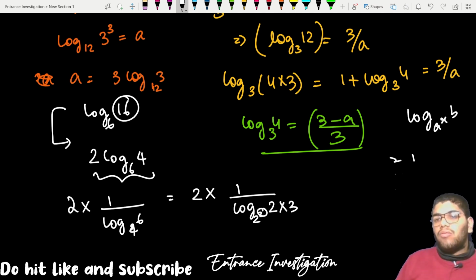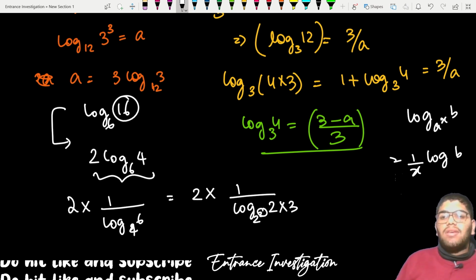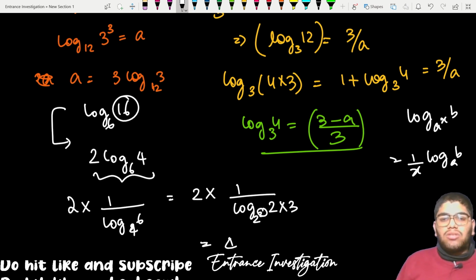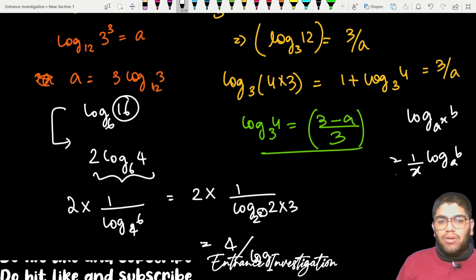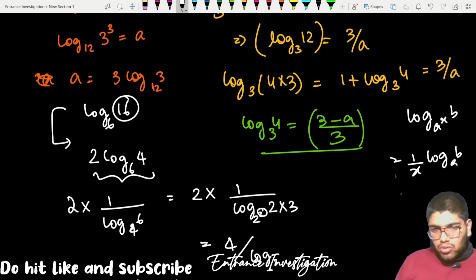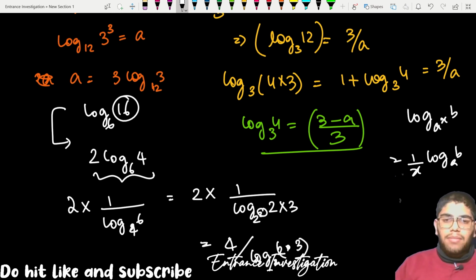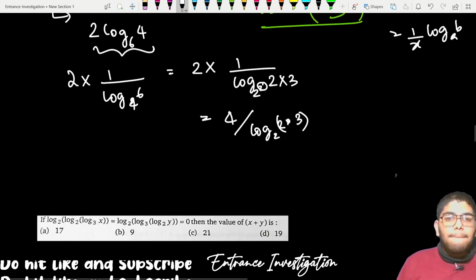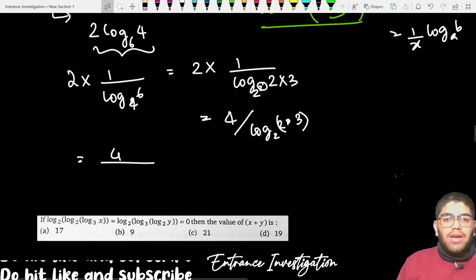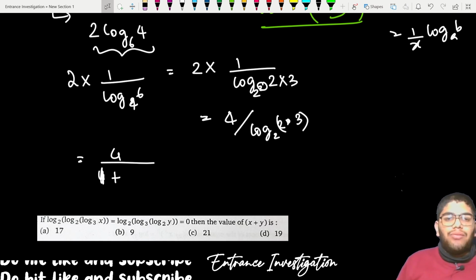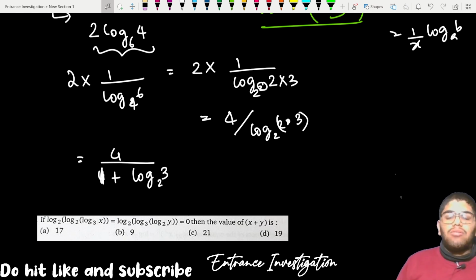This is equal to 1 over x log of b base a. तो यहाँ पर 2 इसके न्यूमरेटर में चला जाएगा, so this is 4 upon log of 2 base 2 times 3. Great, so we are on the right track. So log of 2 base 2 is 1 plus log of 3 base 2.